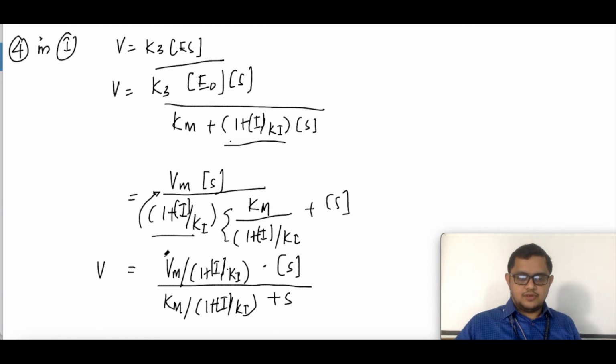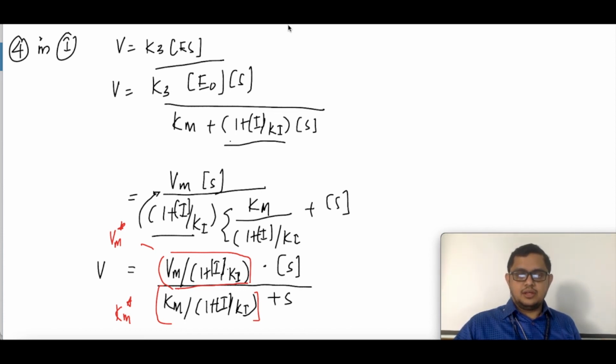So instead of this, I am substituting Vm star. Similarly, here I am substituting Km star. So again, different books use different symbols.